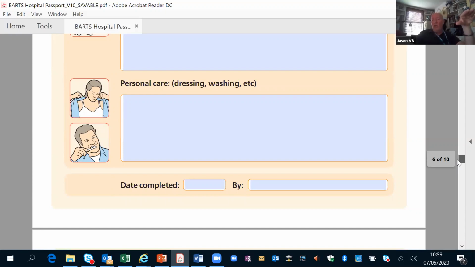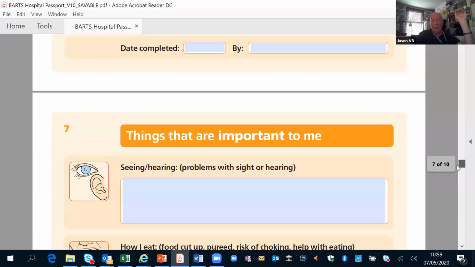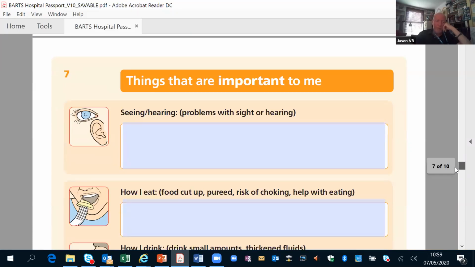You don't want to be having too high expectations of people when they've always needed some care with toileting or washing certain parts of their body. That needs to be made quite clear there, what their normal baseline is, so we know what the care plan is while they're being cared for.